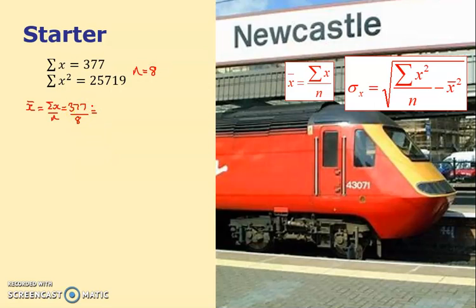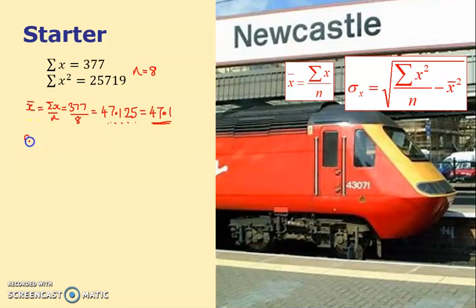On my calculator, 377 divided by 8 equals 47.125. It said 3 sig figs, so 47.1, but I'm going to write 47.125 initially, to remind myself I need exact numbers. Even though I'm rounding it, I'm going to use the exact number in a bit.